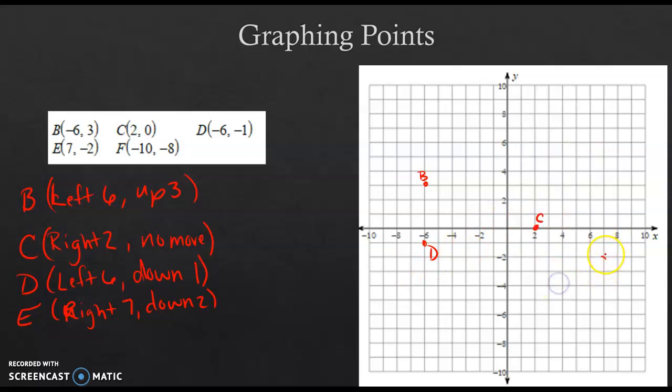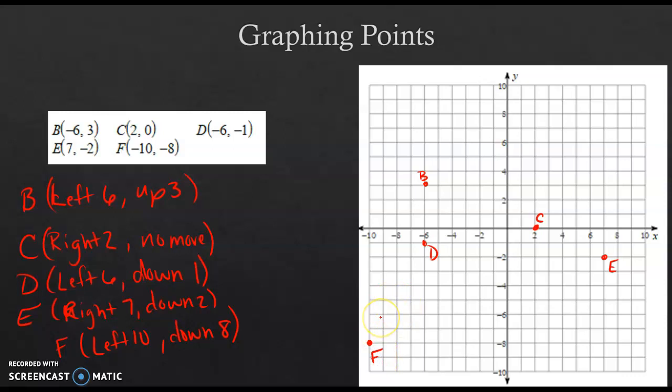So that is point E. And then last but not least, point F. We're going to go left 10 and down 8, because we've got negatives. So I'm going to go left 10, down 8. And so there is point F.